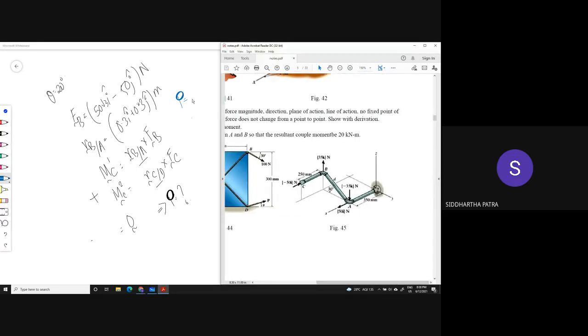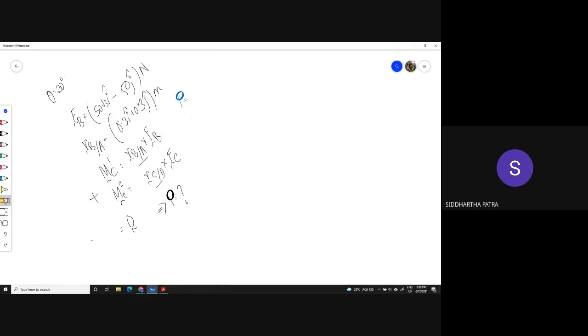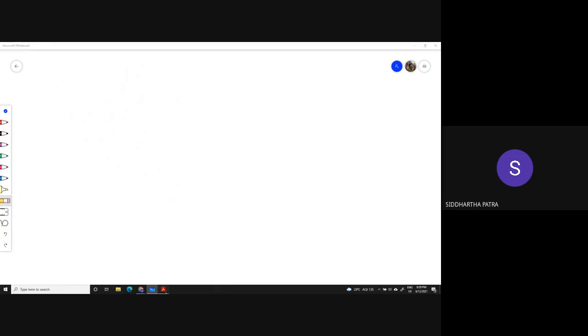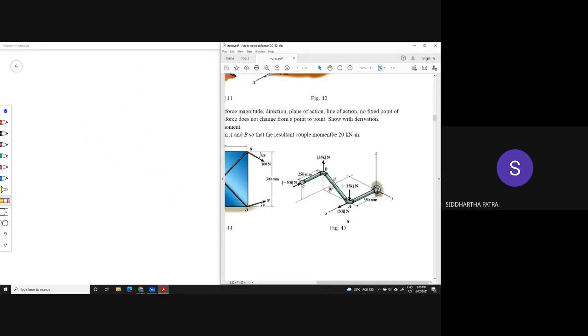Okay. So if you consider that to be 0, what are you getting? 106.57 if we consider it 0. Okay. Anyways, let's move on to the next problem. I hope you can understand this diagram. Again, three-dimensional.